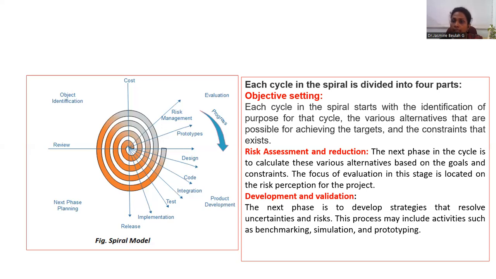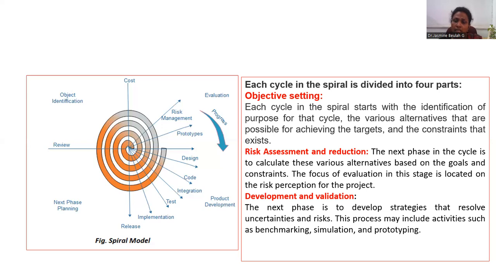The next part is risk assessment and reduction, where the aim is to evaluate the various alternatives based on the goals and constraints. The focus of evaluation in this stage is on the risk perception of the project. The next part is development and validation, where there is a need to develop strategies that can resolve any uncertainties and risks associated with the project.